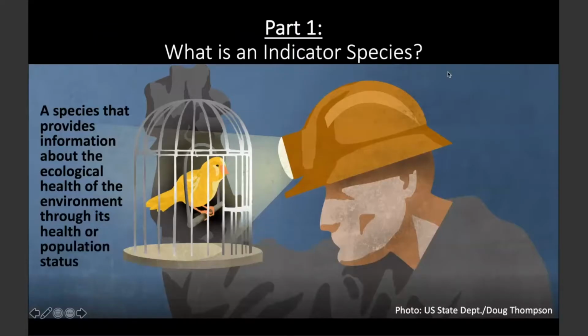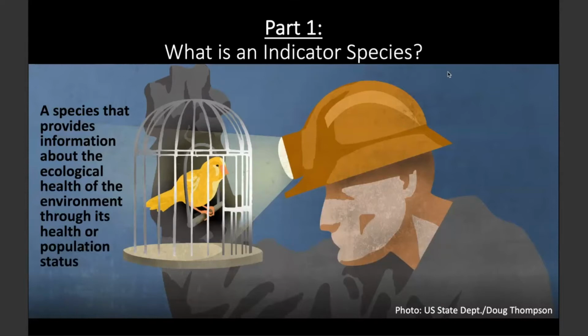So what is an indicator species? An indicator species is essentially an organism or a group of organisms that can provide some insight about the environment with their health or their population health. I think the classical example would be the canary in a coal mine, right? Humans are worried about the environmental health, those noxious gases in the coal mines.